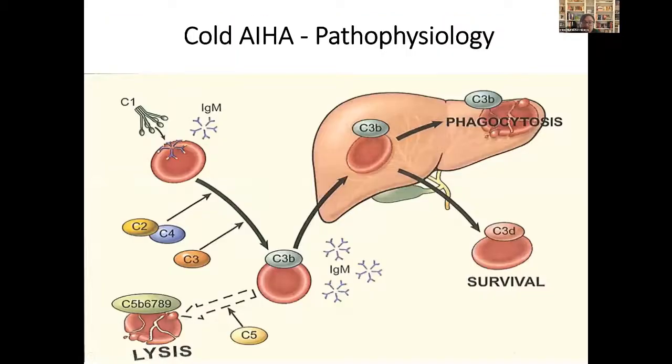The pathophysiology is basically you have the IgM binding to the surface of red cells, as I've mentioned, in the cold. It fixes the C1 complement, which recruits the complement cascade, including complement factor 4, complement factor 2, and C3. Those are all part of the classical complement pathway.